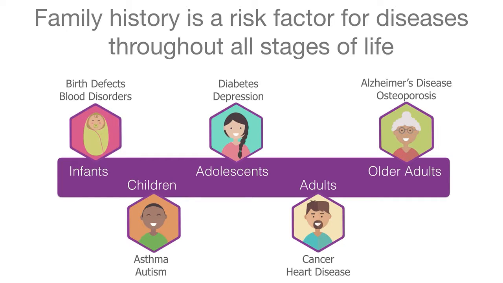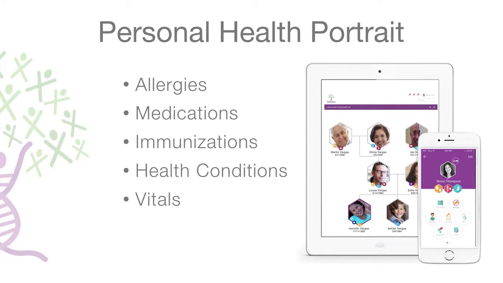And like I said, this goes all the way through, especially as you're thinking about things later in life, like Alzheimer's disease, osteoporosis, and how you want to live your life, and how you want to live your end of life. By understanding what risks you might be at risk for, you can plan ahead and share your wishes with your loved ones so that they can be respected, and so that you can get the best care that you need.